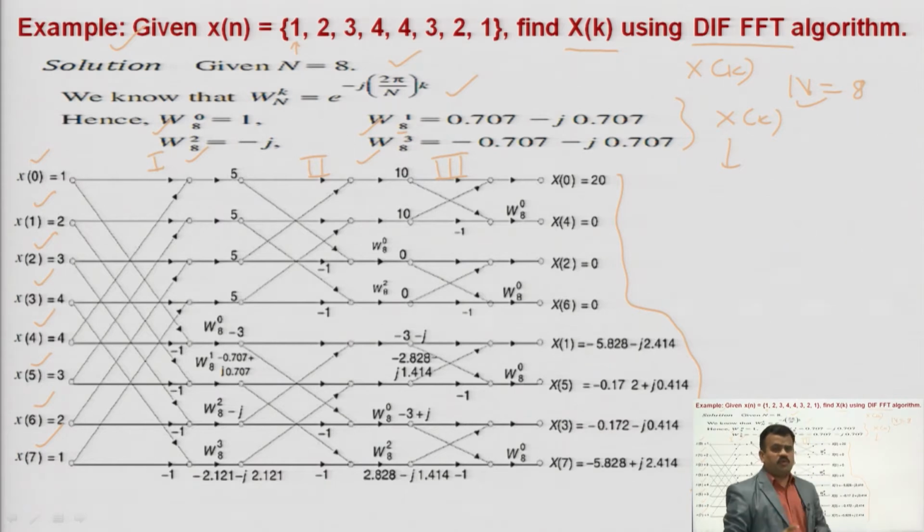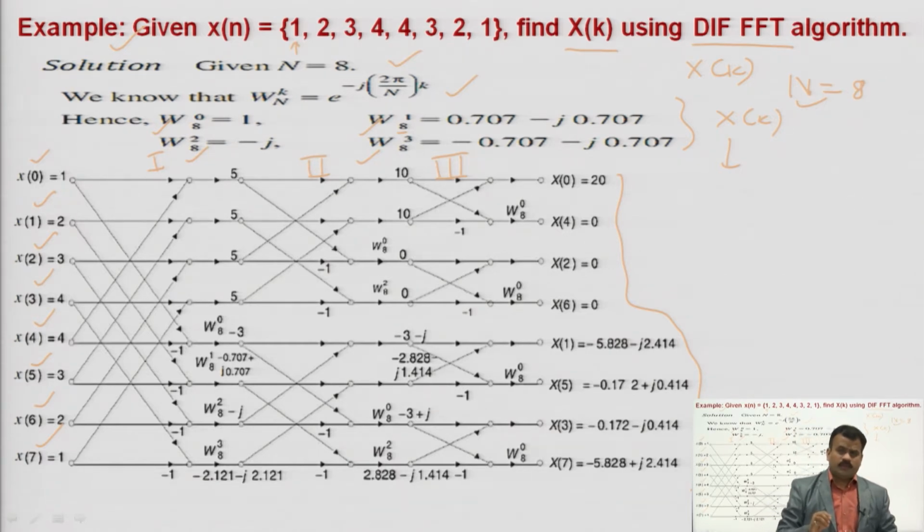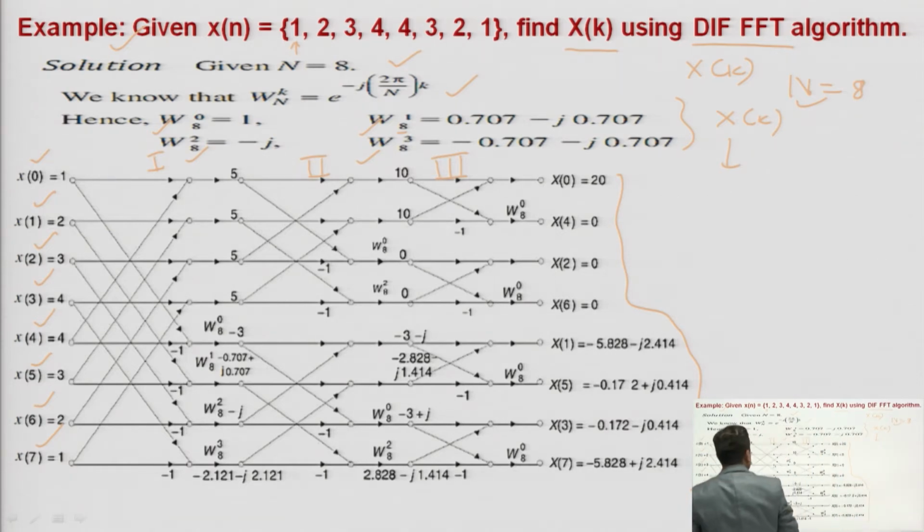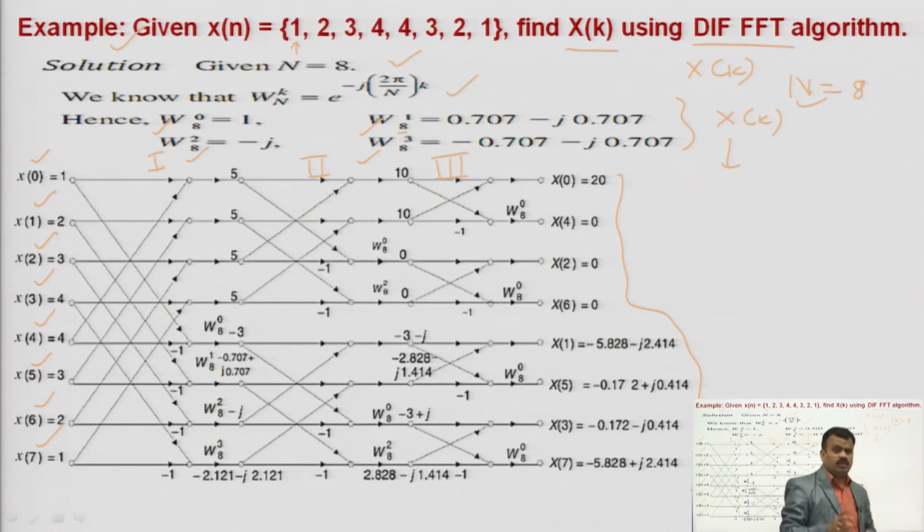In the first stage you have to split your sequence into even and odd. If N is equal to 8, then x0, x2, x4, x6 will be one part, and x1, x3, x5 and x7 will be the second part. In the second stage, again you split into even and odd parts, like x0 and x4, x2 and x6, similarly x1, x5 and x3, x7.